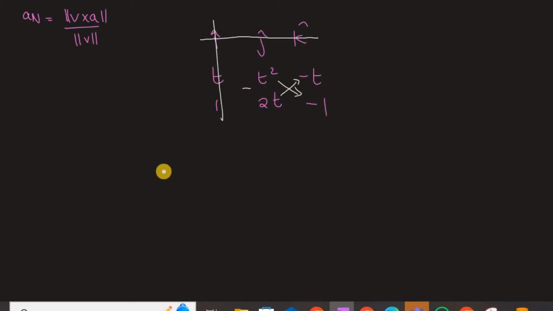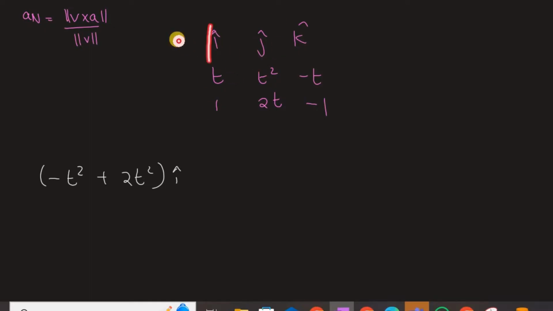So if you do this, it gives you negative t squared plus 2t squared i hat. What I simply did was cross out the row and the column of i, then I did negative t squared, and then the negative cancels out, giving positive 2t squared.